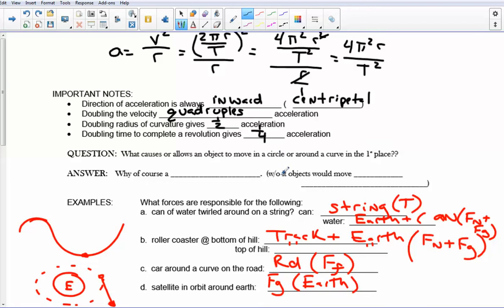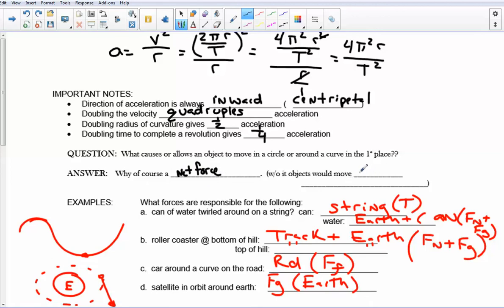What we were addressing today in class was what allows an object to move in a circle around a curve in the first place. Well, there must be some sort of net force, because we said that there's an acceleration.